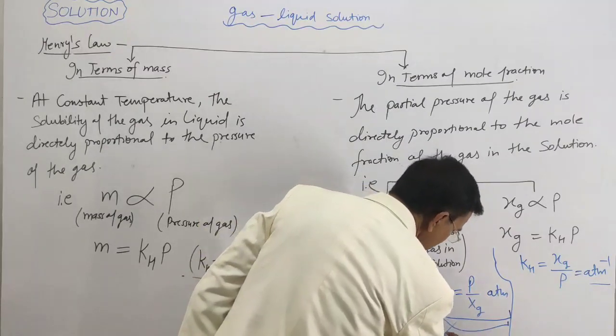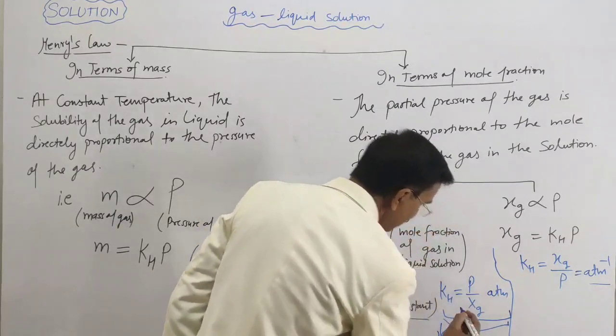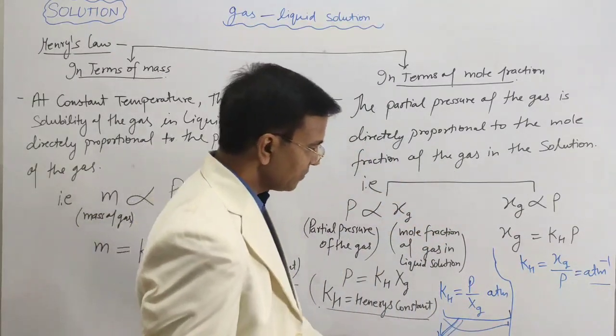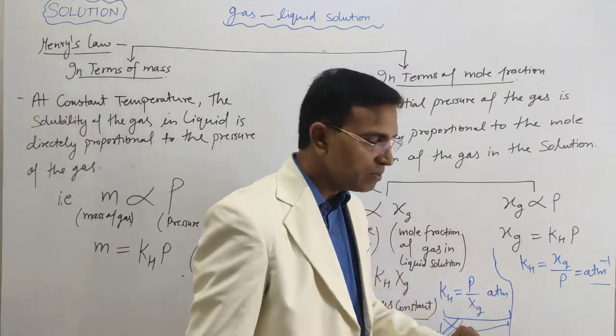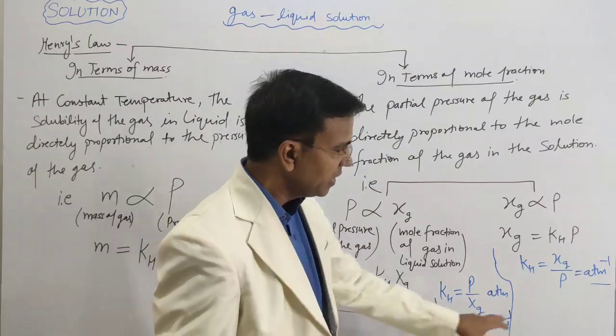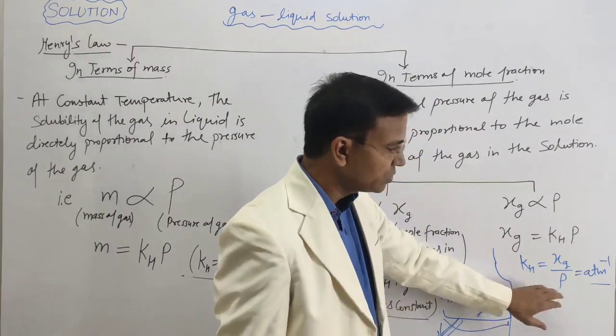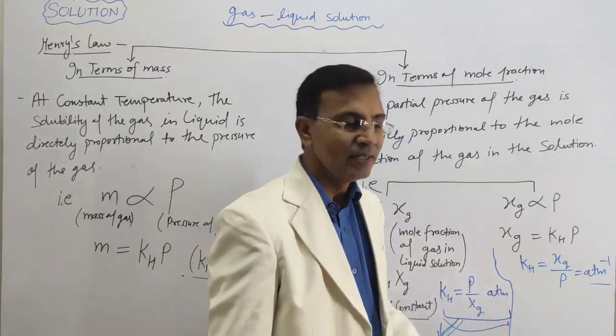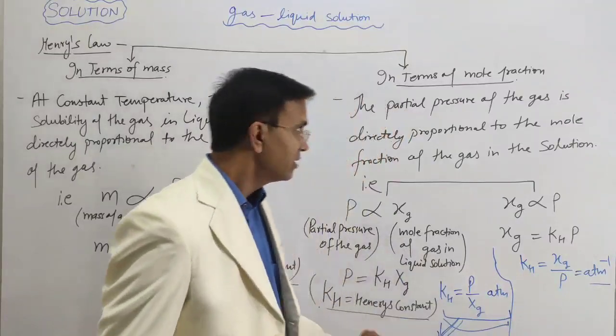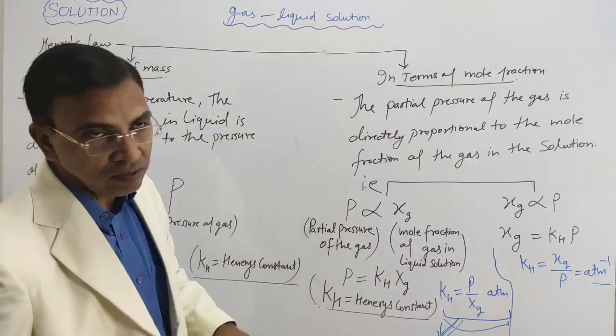But in case of entrance exams, you have to be careful. If the unit given is atmosphere inverse, then you have to use this formula, right? So that is all about the kH values and Henry's law.